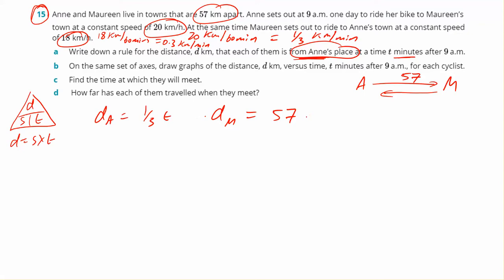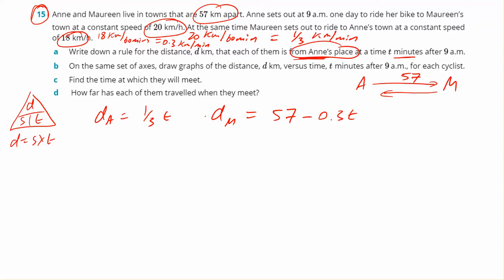Then she moves towards Anne's place, so her distance is getting closer to Anne. She's traveling at 0.3 kilometers per minute for every minute closer to Anne's place. So she started at 57 kilometers, then she slowly moves at 0.3 kilometers per minute to Anne's place. Once she gets to Anne's place, obviously her distance will be 0. So that's why the equation's like that.